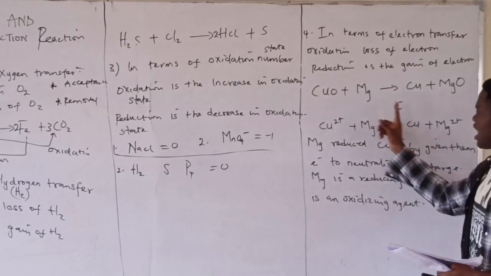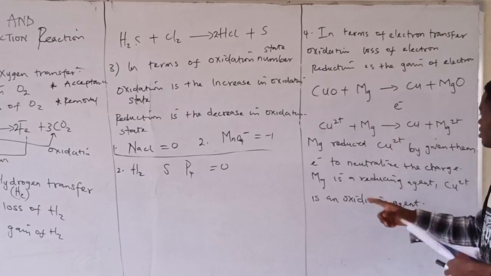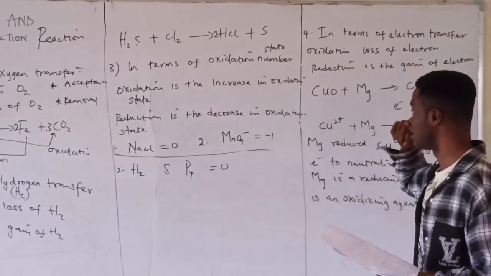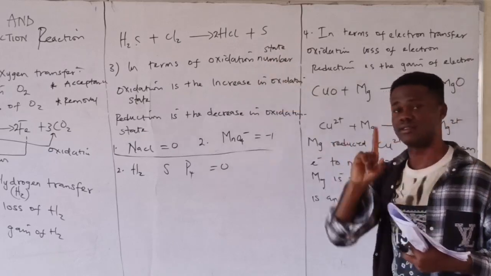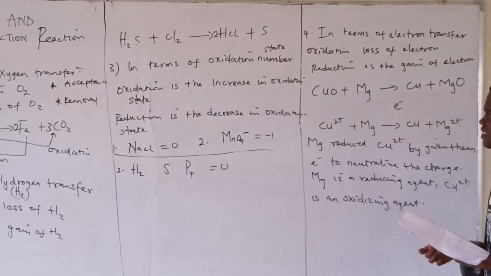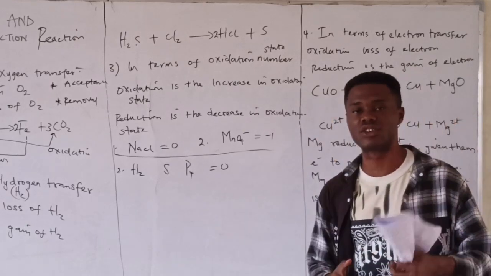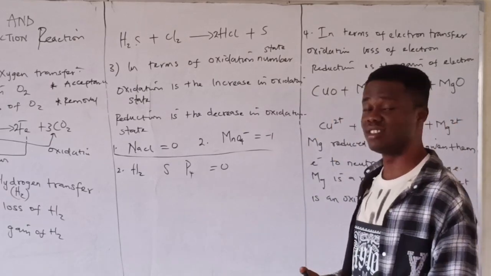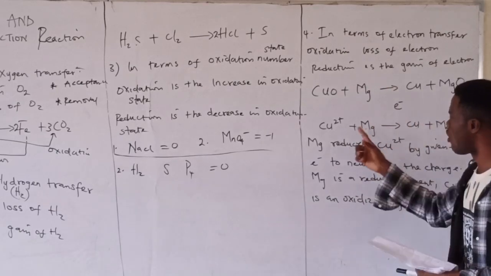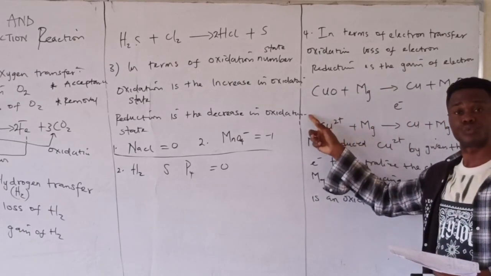Okay? So looking at this reaction that we have here, if you want to explain this particular reaction in terms of oxidation number, you can see that oxidation is an increase in oxidation state and reduction is a decrease in oxidation state, right? So the oxidation state of copper here is 2.